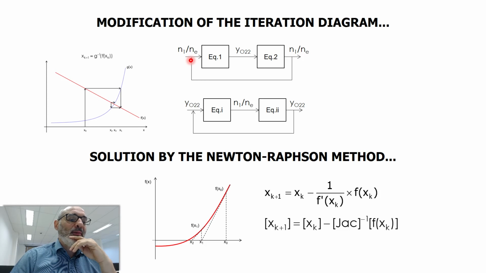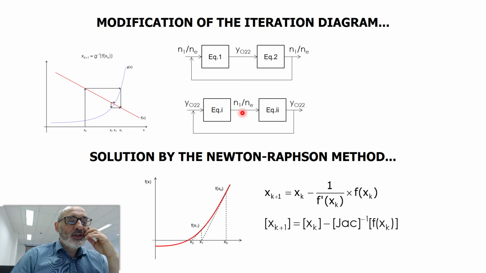Instead of estimating N1 divided by Ne, you can estimate the concentration of O2 at exit number 2, and use another form of the same equations in order to calculate N1 divided by Ne, and another form of the exergy balance, in order to estimate the variable that you estimated in the first place.